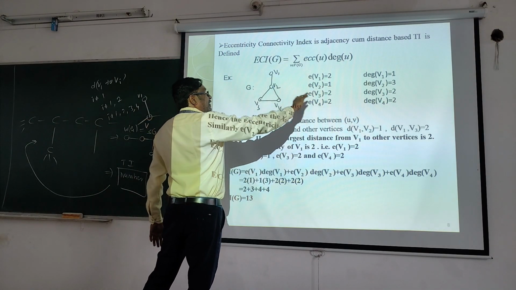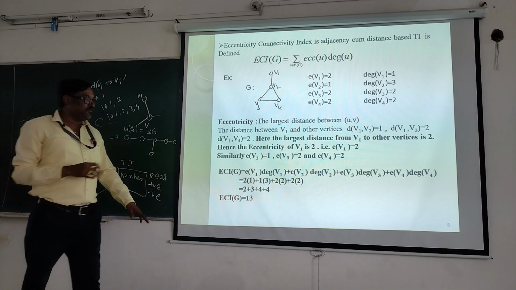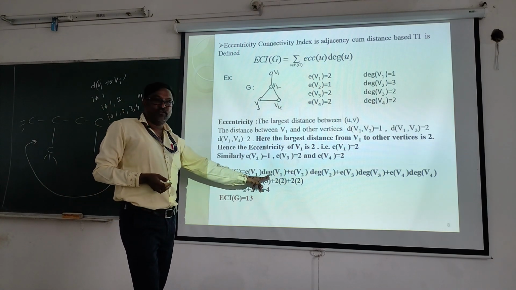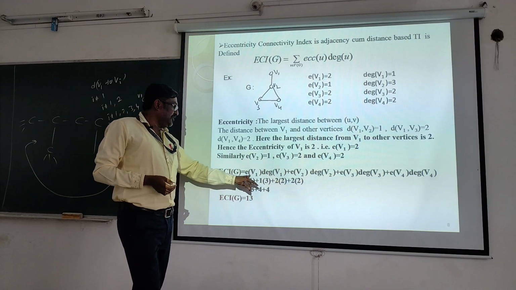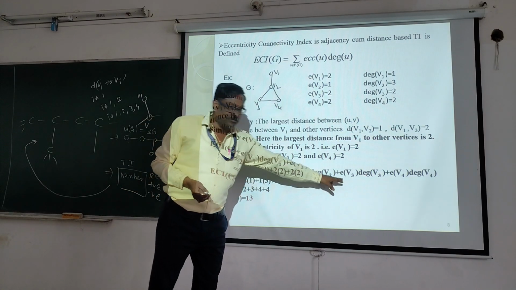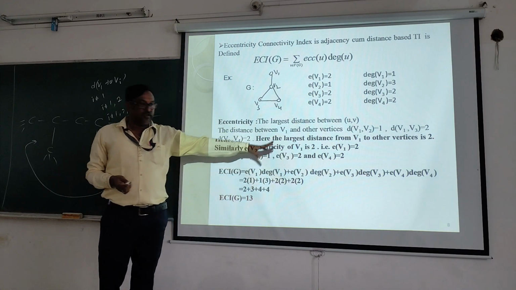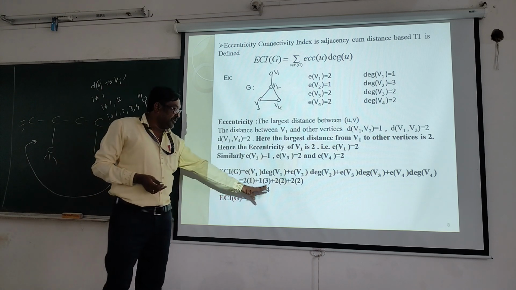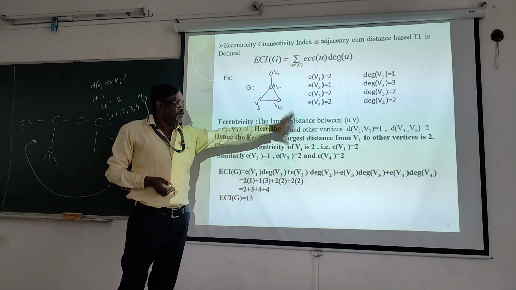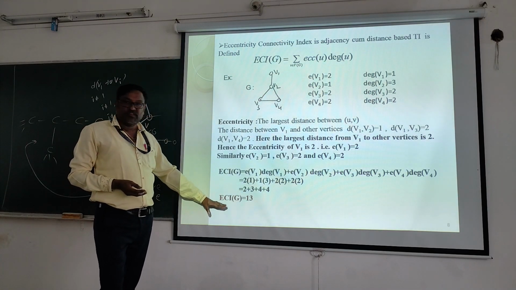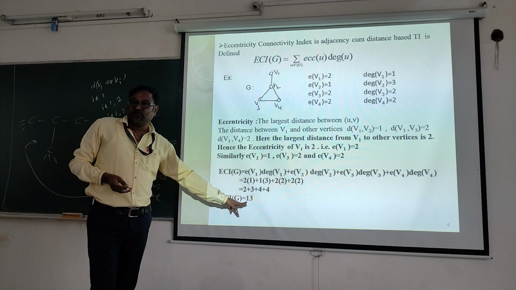Substituting all the eccentricities and degrees of each vertex in the given formula, that is the product of eccentricity and degree of the respective vertex: E of V1 times degree of V1, E of V2 times degree of V2, and so on. After substituting all the values, we get EC of G equal to 13.